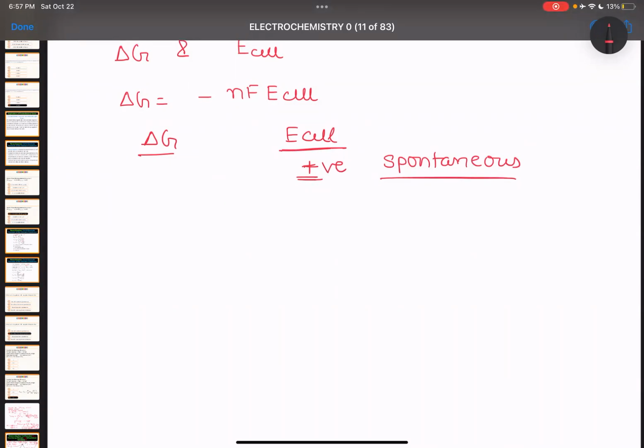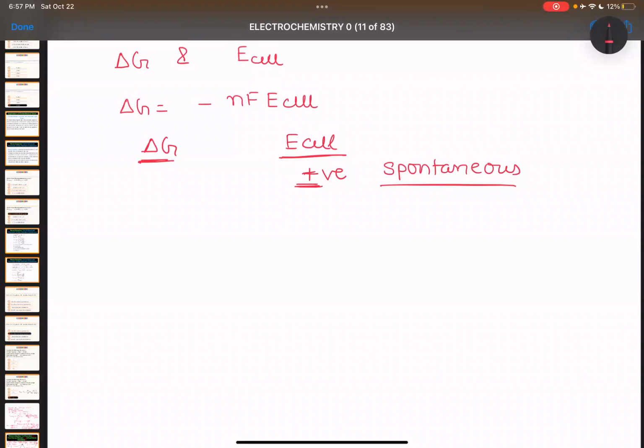If the cell reaction is spontaneous, do you remember from 11th what is going to be the sign of delta G, the Gibbs free energy change? For a spontaneous process, the process which can occur on its own, the Gibbs free energy change is negative.